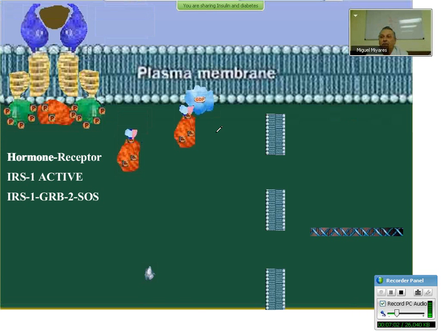Then they will be displaced, will bind the RAS protein, and as in any G protein, the interaction of this complex with the RAS protein will produce the release of the GDP and to take GTP. The exchange of GDP by GTP. This exchange, this replacement of the GDP by GTP will activate RAS protein.